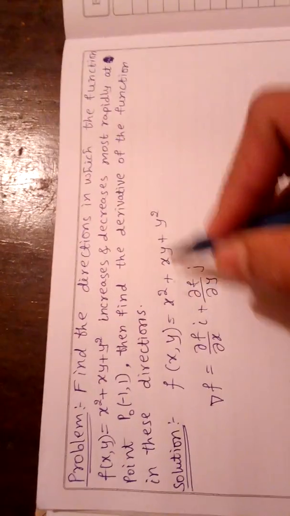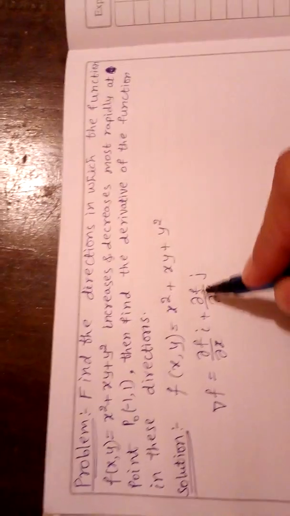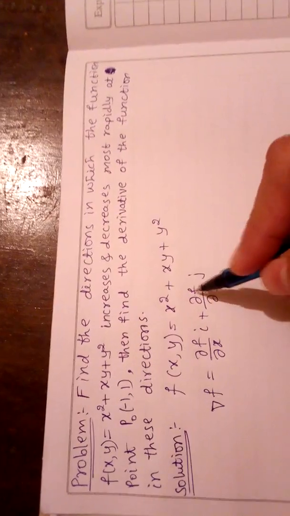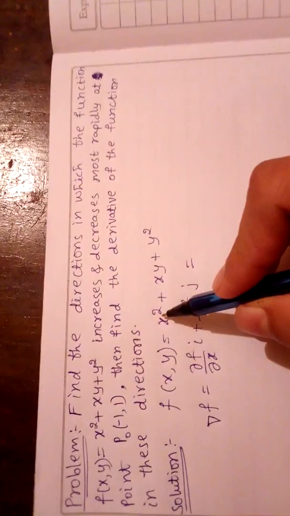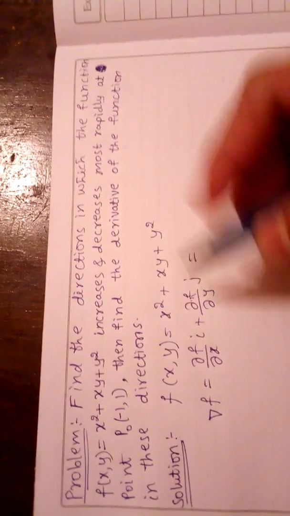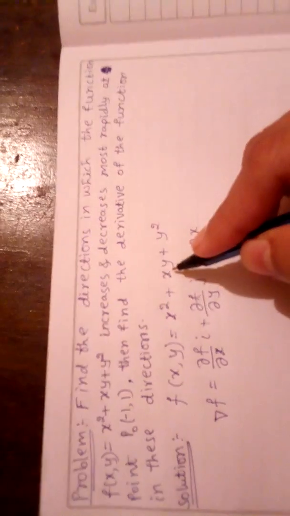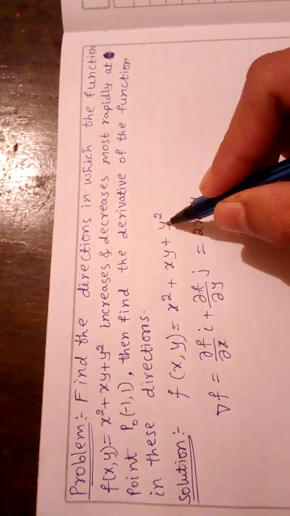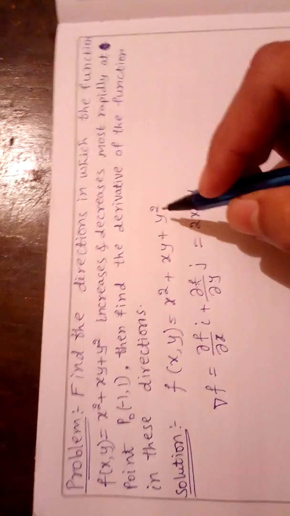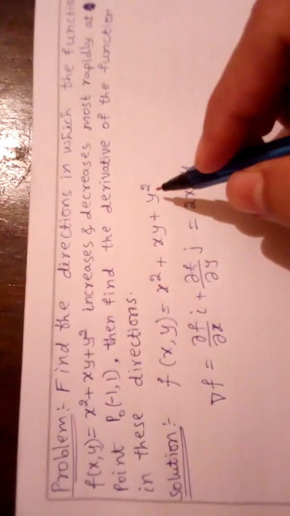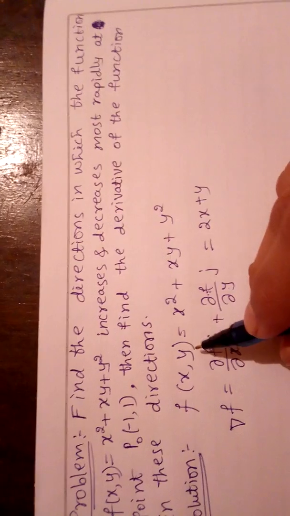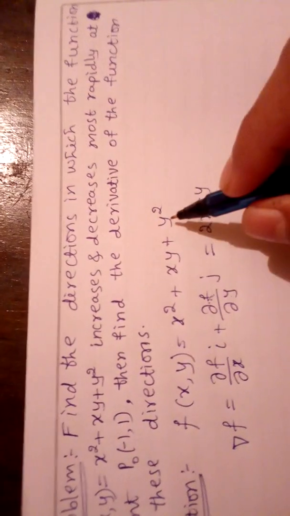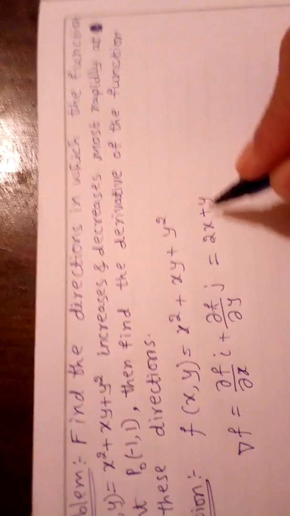Partial differentiation of x² with respect to x is 2x, of xy with respect to x is y, and of y² with respect to x becomes 0, because y² is considered a constant. So ∂f/∂x is 2x + y.